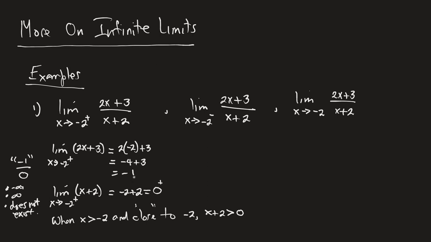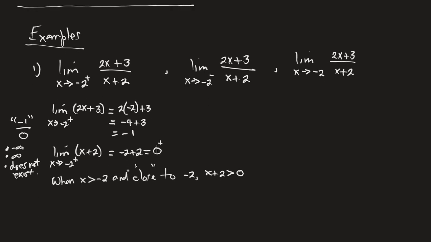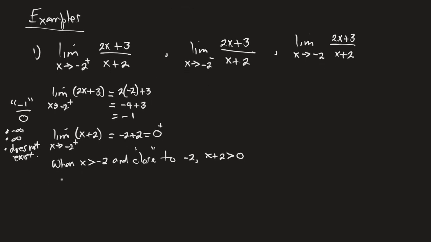Right? So when we put this all together, what does this mean? It means that the limit as x approaches -2 plus of the rational function (2x + 3) over (x + 2), I'll put this in quotes, is -1 over 0 plus.